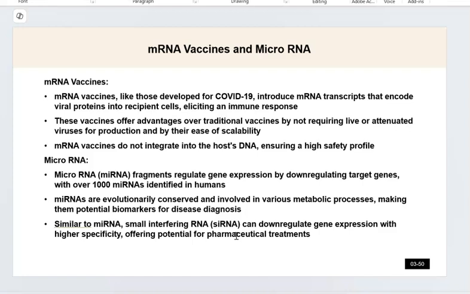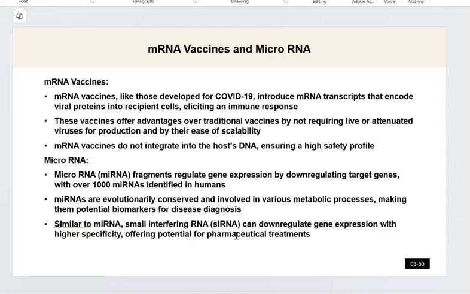mRNA vaccines do not rely on the introduction of either live or attenuated viruses to create their immune response. So vaccine production does not depend on the creation of large amounts of the virus. Additionally, mRNA transcript can be produced relatively easily and in large quantities.